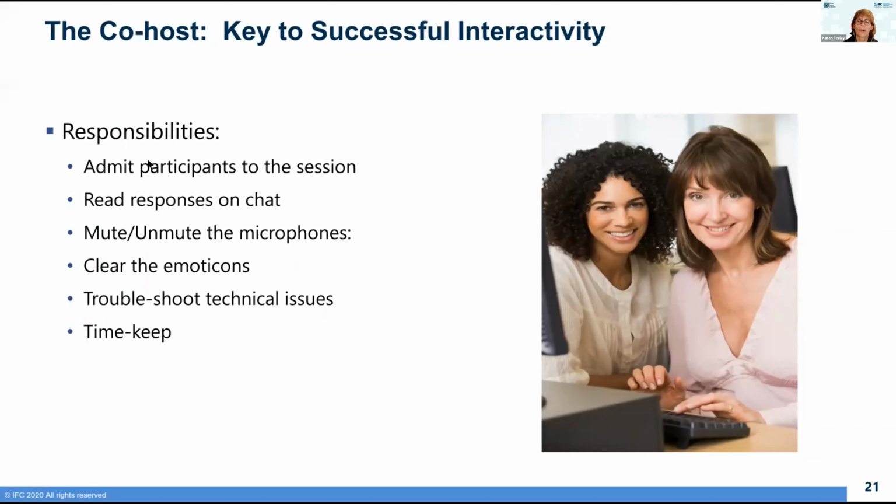Consider asking your co-host to help you admit participants to the session, especially if you're using a waiting room. You don't have to always be the one admitting people. And especially if people drop in the middle and come back in, it's nice to have somebody else who's worrying about that. Your co-host can also read responses on chat, especially if you have a bigger group where it's hard to see everything.